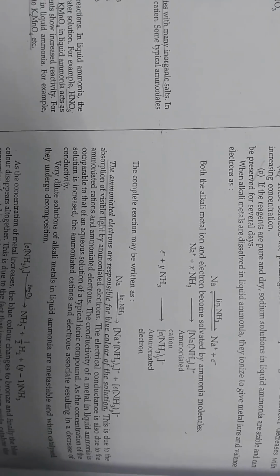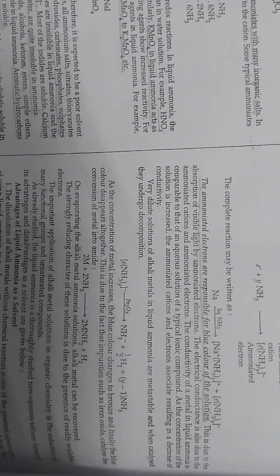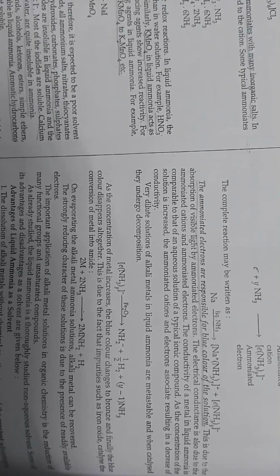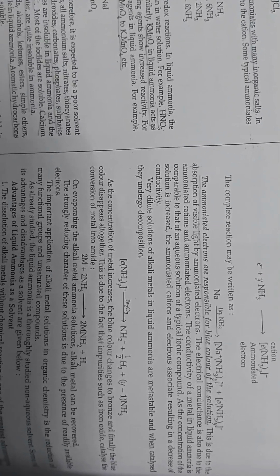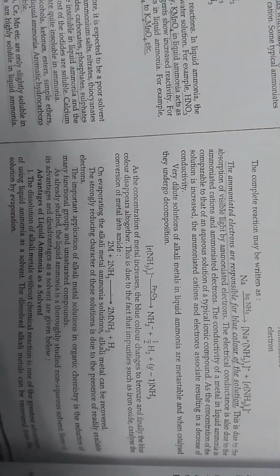Both the alkali metal ion and the electron become solvated by ammonia molecules: Na+ plus xNH3 gives Na(NH3)x+, the ammoniated cation, and e- plus yNH3 gives e(NH3)y-, the ammoniated electron. The complete reaction may be written as Na gives Na(NH3)x+ plus e(NH3)y-. The ammoniated electrons are responsible for the blue color of the solution.